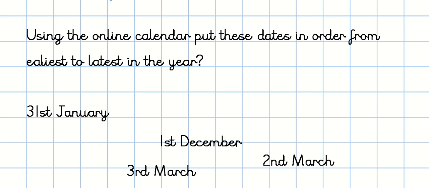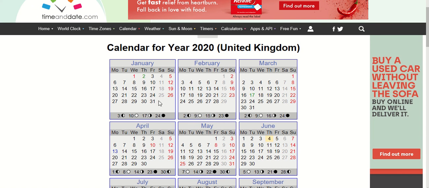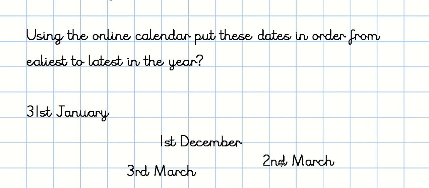So we knew 31st of January was our first date because January was our first month. The next month we came to, because there was no date from February, was March. Well, we know March the 1st is our first number, but our next is the 2nd of March, and we know that 2nd of March would be our next number, earliest in the year.